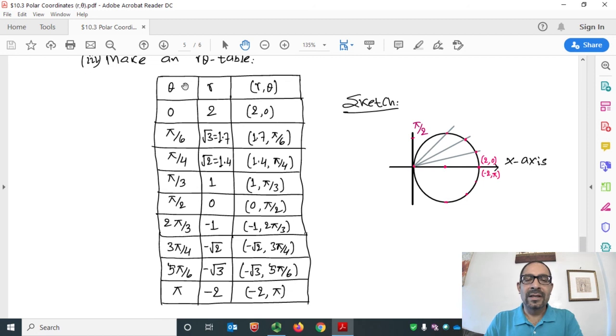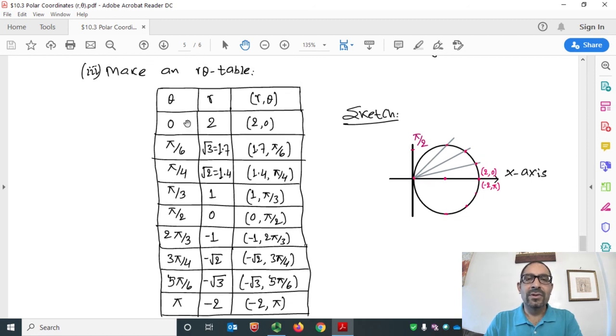So put theta equal to values between 0 and pi. Here are the values. Compute the corresponding r values, r equals 2 cosine theta, make ordered pairs (r, theta) and plot the points here. So then it gives me the circle centered at (1, 0), right? And radius is 1. I hope this table as well as this sketching of the circle makes sense to you all. Now let me move on.